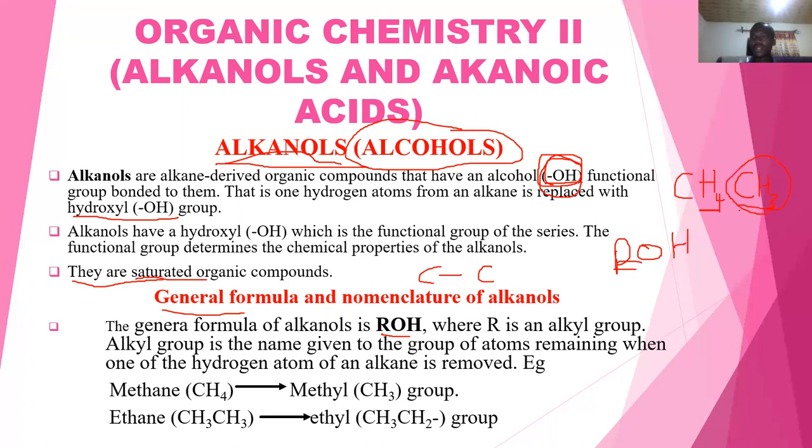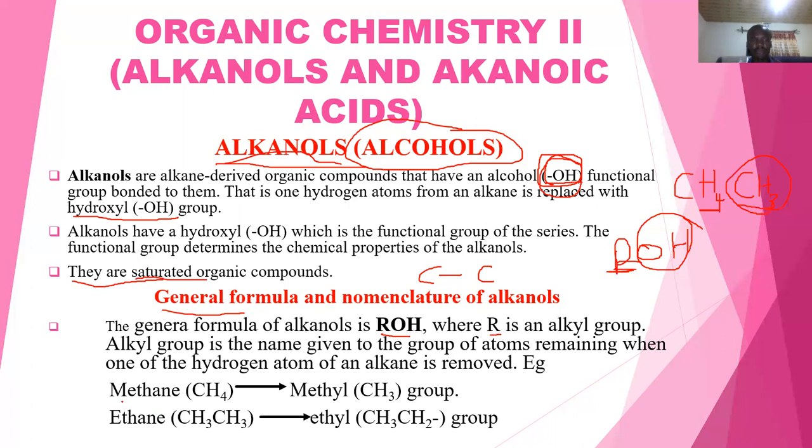You should be able to know that. So this R is the alkyl group. Then this OH is the hydroxyl, the functional group of the alcohols. The alkyl group is the name given to the group of atoms remaining when one of the hydrogen atoms of the alkane is removed.